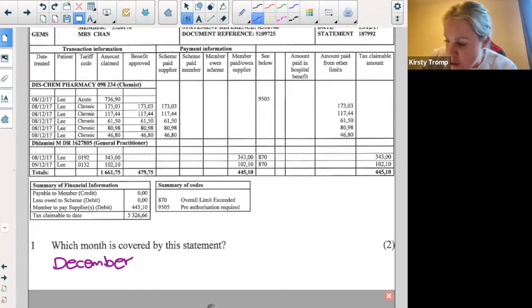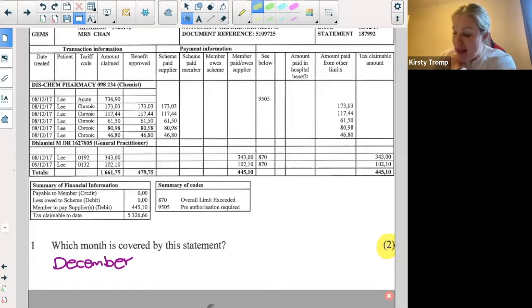Okay, I want you to note here, look at the mark indication. It's 2 marks. So to make sure that we're getting our full marks, guys, I know that it doesn't ask us for the year, but when we want to be really thorough, let's make sure we're giving them a full and complete answer. We know that this was December.